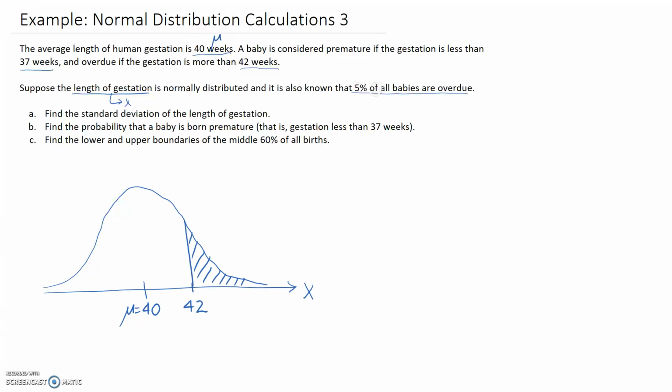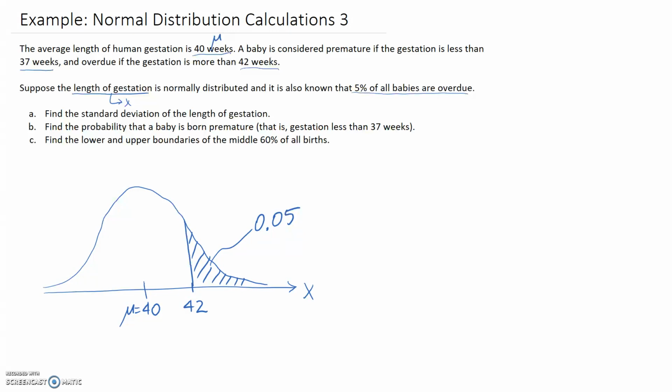And we're told that that probability is 5%, or you can rewrite this as 0.05 in decimal form. So this is a key piece of information which is going to help us in answering this first question, which is about finding the standard deviation.